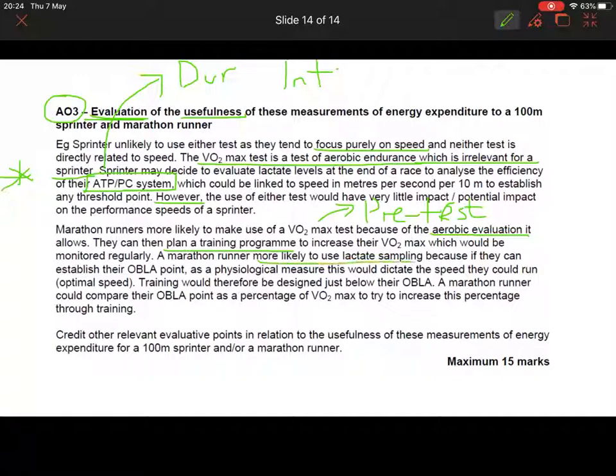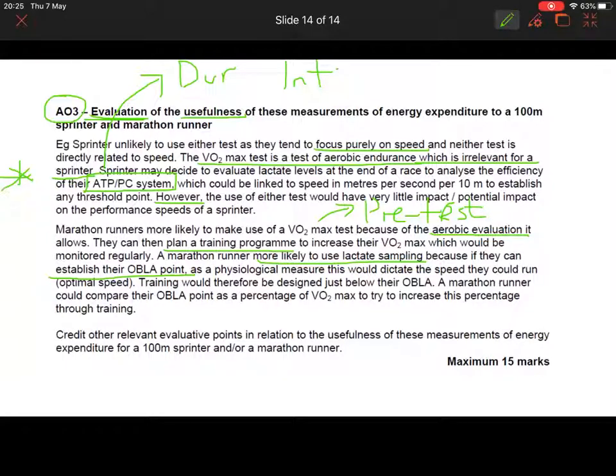They may therefore be more likely to use lactate sampling because they can establish their OBLA point, and therefore in training, to try and get the most advantageous benefits, physiological adaptations, things like more mitochondria, stronger respiratory muscles, greater capillary density of muscles, for example, they can work at a higher intensity because they know their VO2 max and can establish their OBLA point by lactate sampling.